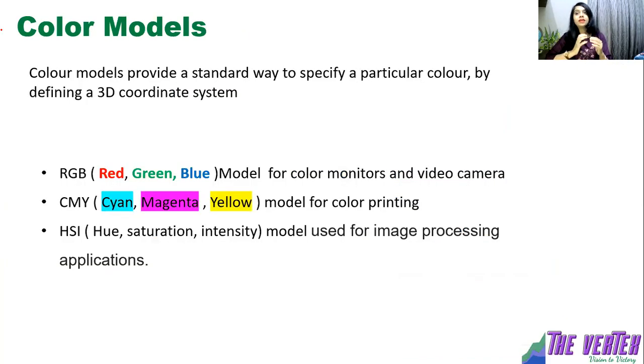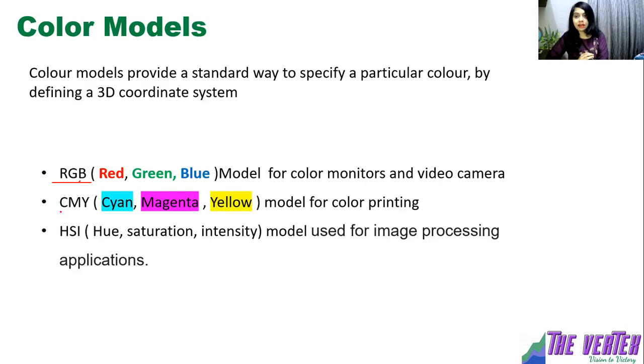Now there are different color models. Here in this video we are concentrating on three main or important color models. The first is the RGB color model. RGB stands for red, green and blue, and it is used in color monitors and video cameras.